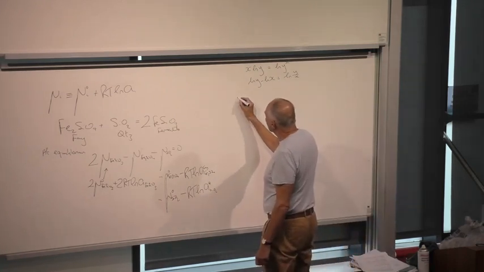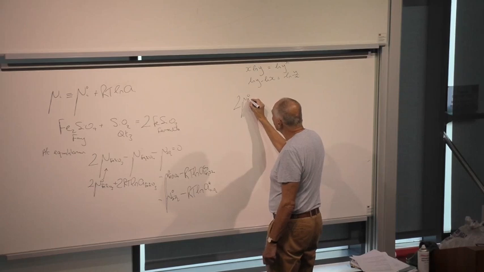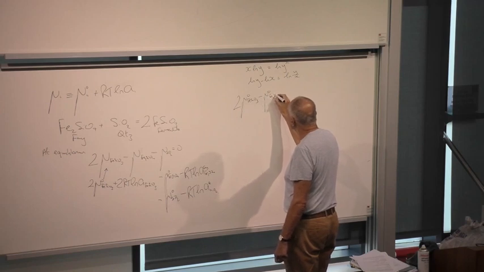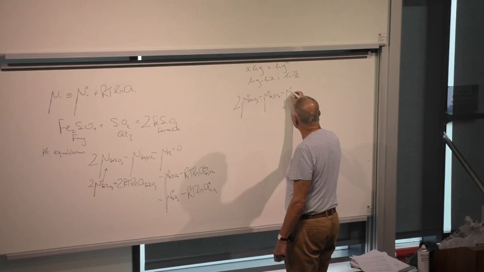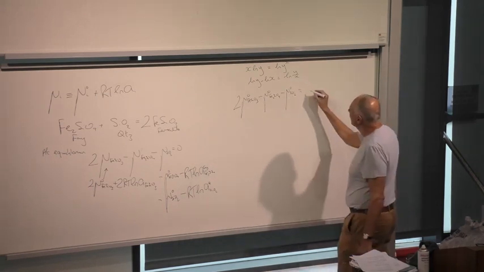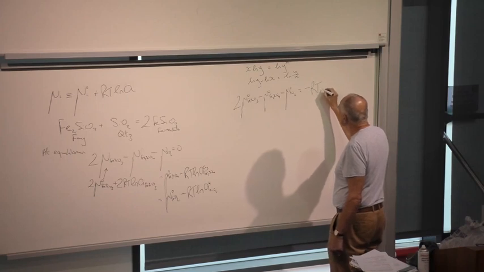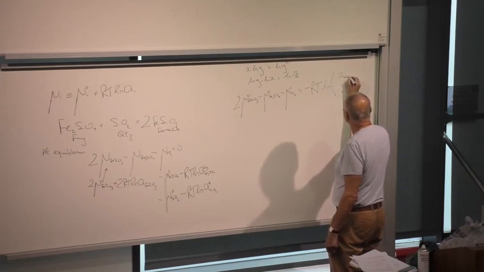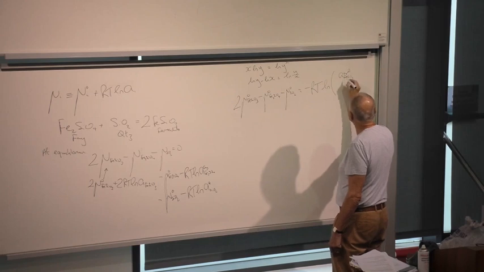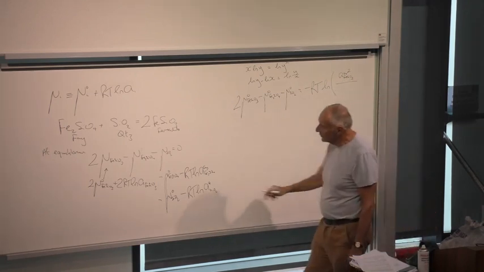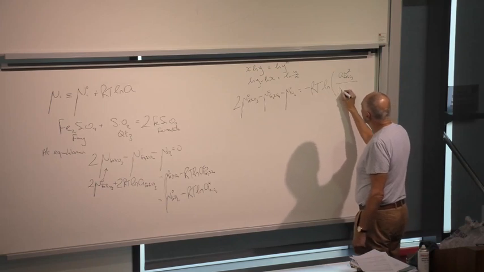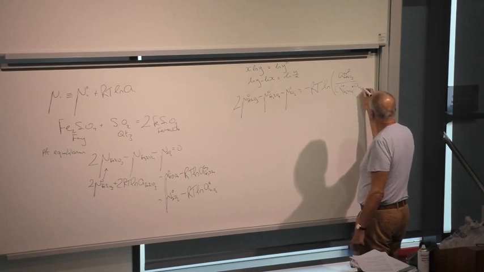Then we find that collecting mu zeros on one side, 2 mu 0 FeSiO3 minus mu 0 Fe2SiO4 minus mu 0 SiO2, and the activity terms on the other side, is minus R times T times the log of the product's activity of FeSiO3 in ferrosilite squared, because there are two, we use this relationship, divided by the activity of Fe2SiO4 in fayalite times the activity of SiO2 in quartz.